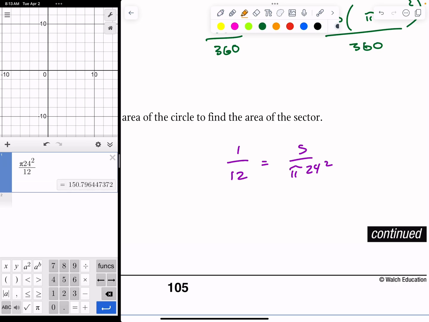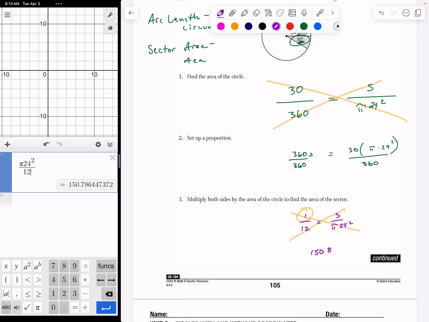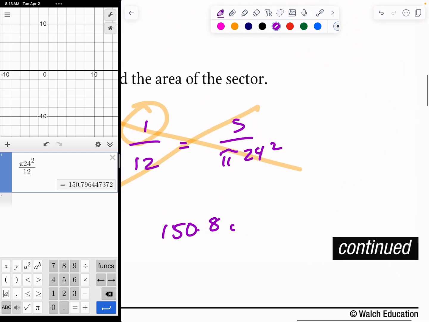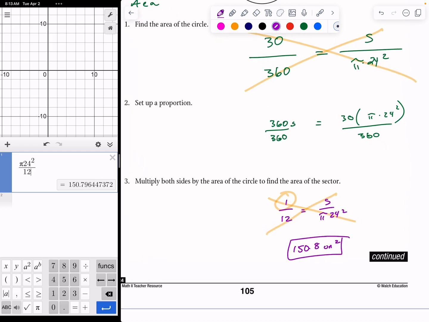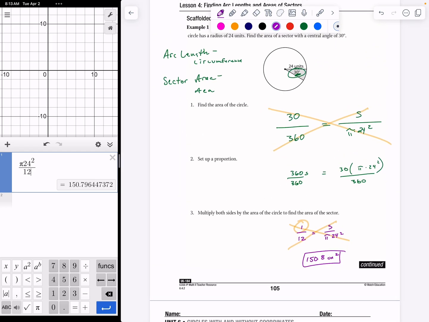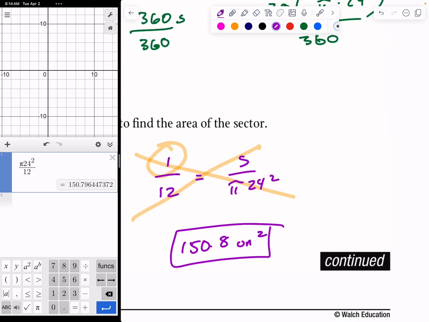There was nothing to multiply pi r squared by because that's a 1. The sector area is 150.8. Does it give us a unit? Units squared.